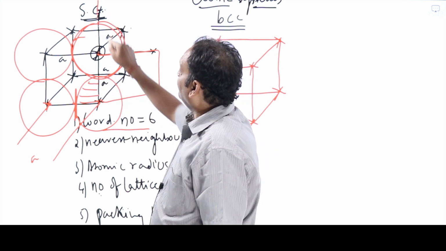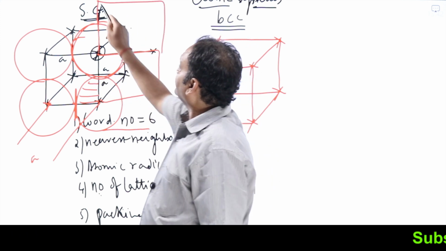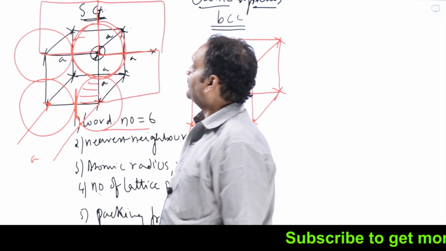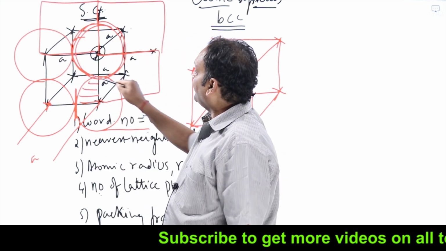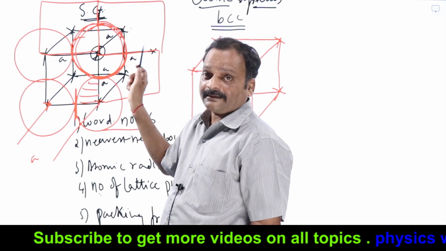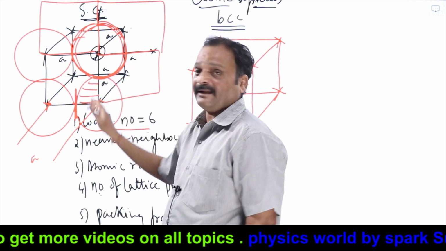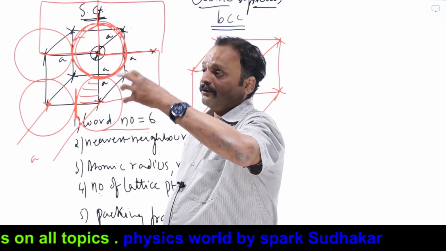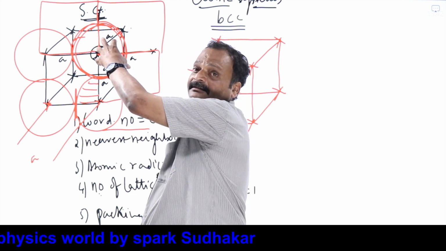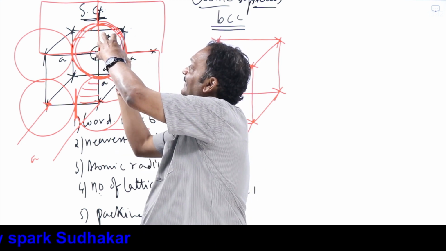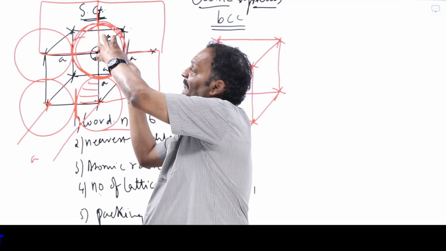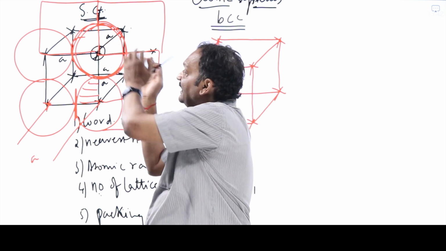Similarly, one more unit cell will be on the top of this, and one more on the top of this. This means the atom I have drawn here is a common atom for 4 unit cells in this plane. Similarly, I can bring 4 more unit cells and put them in front of these 4. So now our atom becomes a common atom for how many unit cells? 8 unit cells.